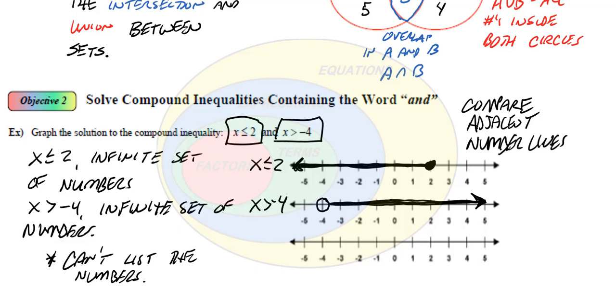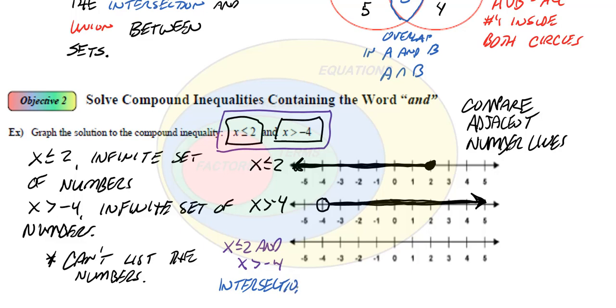And if we look at what we want to find, we actually want to find x less than or equal to 2 and x greater than -4. And that's going to be an intersection. This is an intersection of the sets.